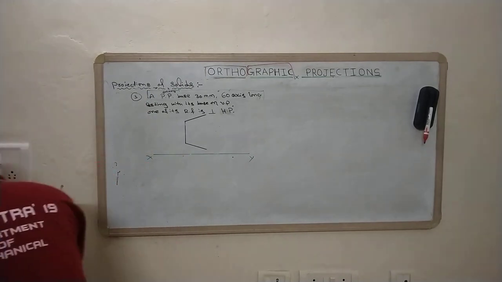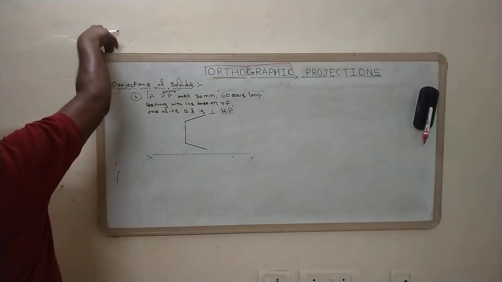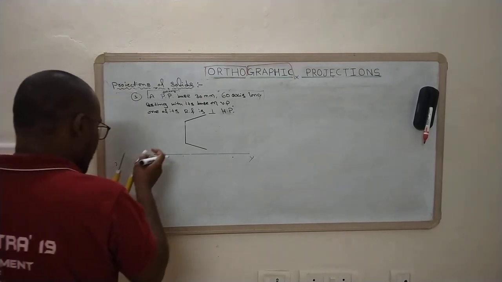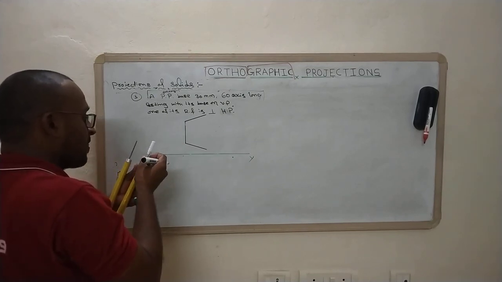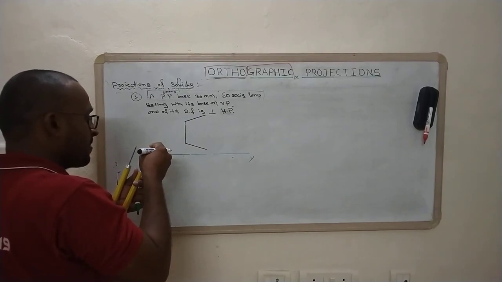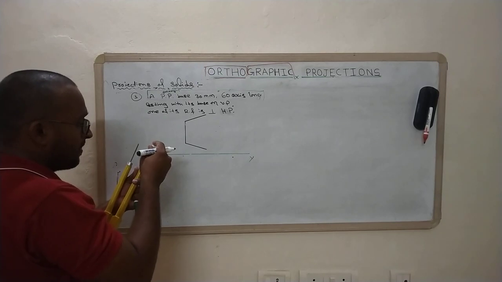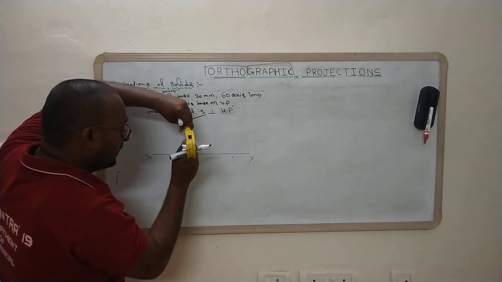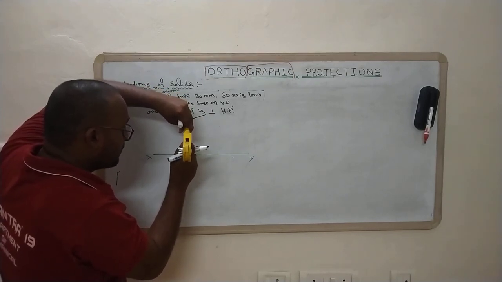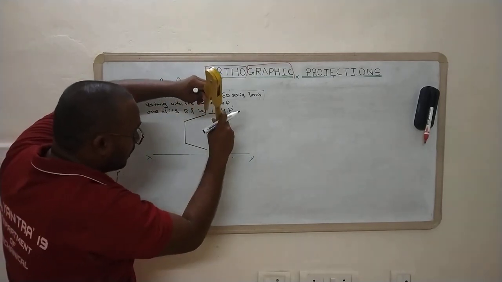Now we need to take the compass. Take the distance from here to here and cut an arc on both sides.